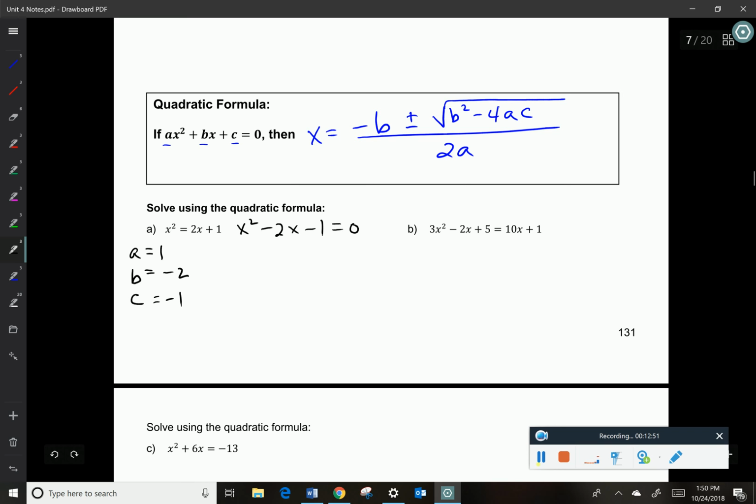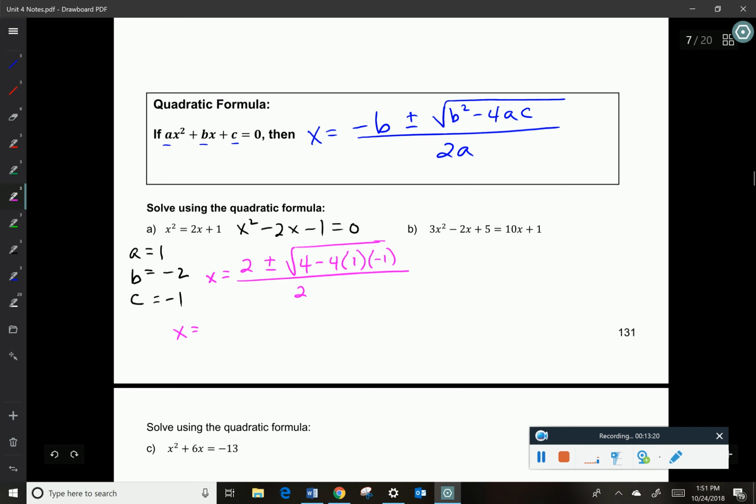So now I'm just going to fill into that formula that's up there. I'm going to say x equals negative b, so the opposite of negative 2 would be positive 2, plus or minus the square root of b squared, which would be 4, minus 4 times a, which is 1, times c, which is negative 1, and then everything is over 2a, so 2 times 1 is 2.